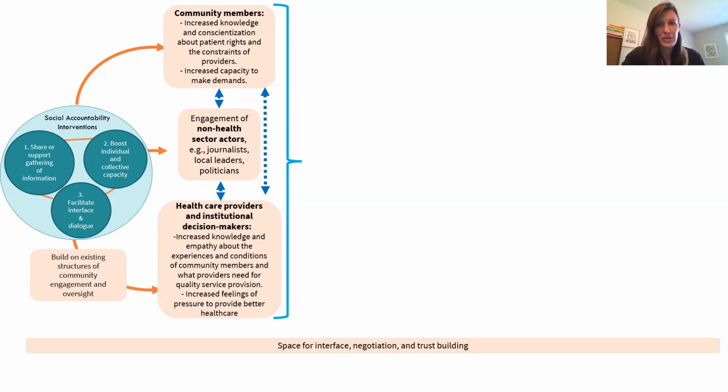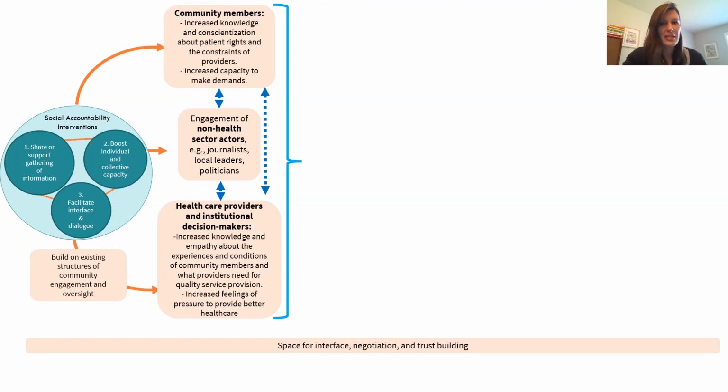Concurrently, health providers learn about and empathize with the experiences of community members when seeking health services. Providers also learn what skills, tools, and support they require to provide quality health services, and they feel pressure to provide higher quality care to community members.